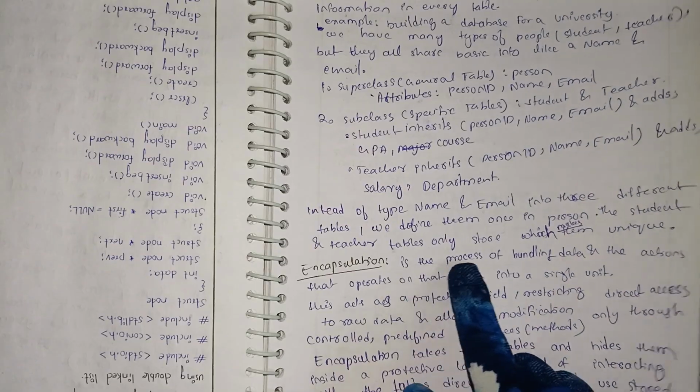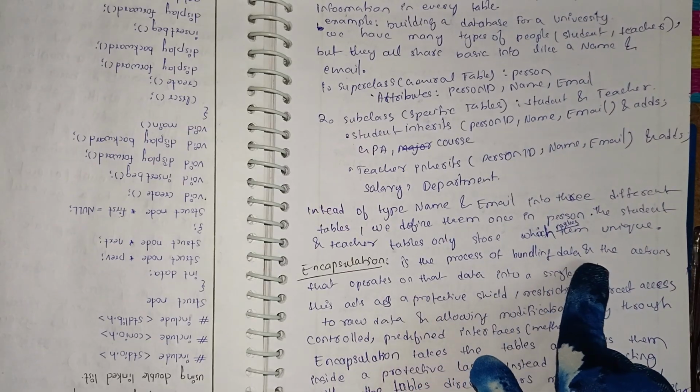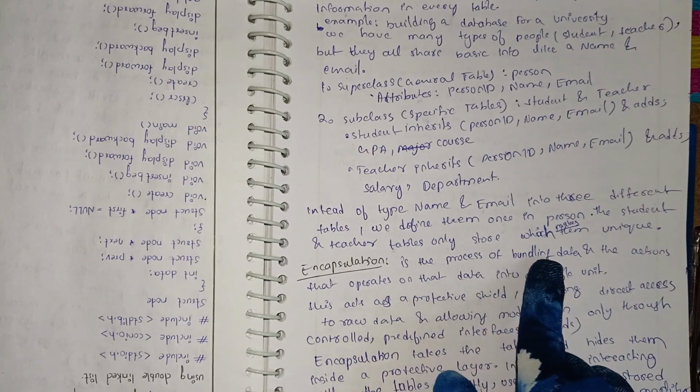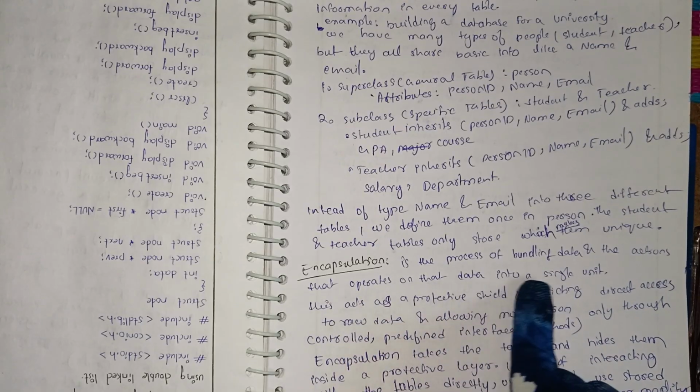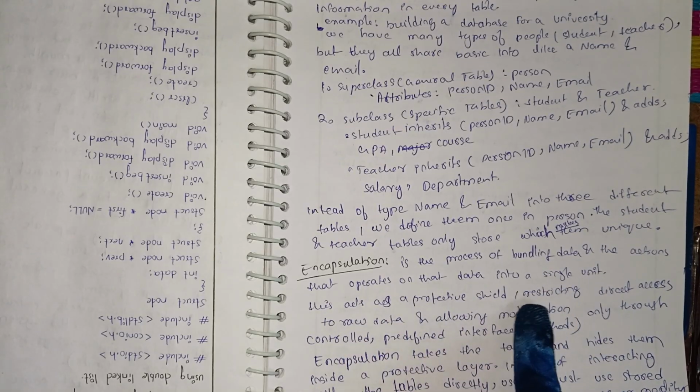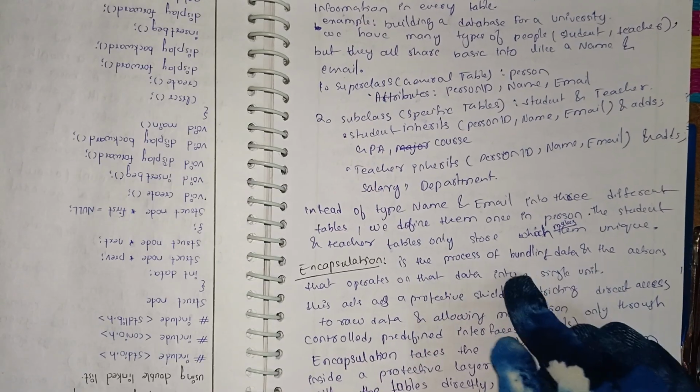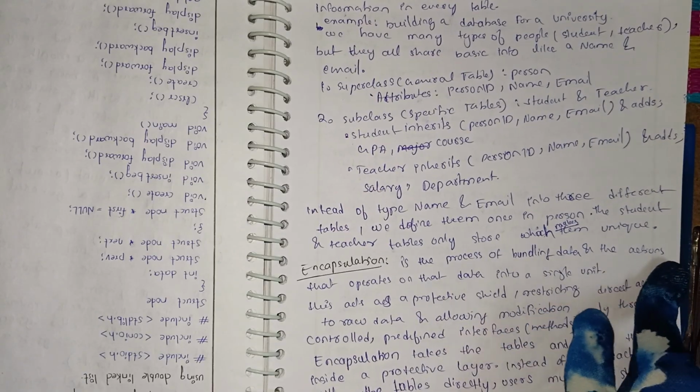So in the DBMS, it is the process of bundling data and the actions that operate on the data into a single unit. We are bundling data as well as actions.